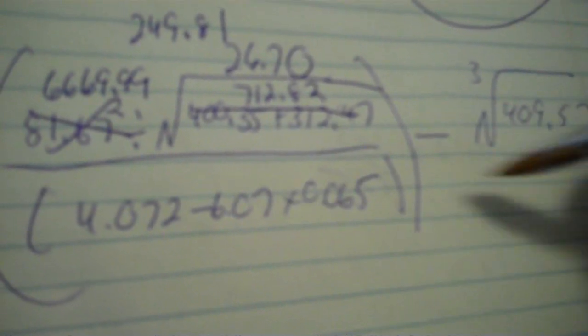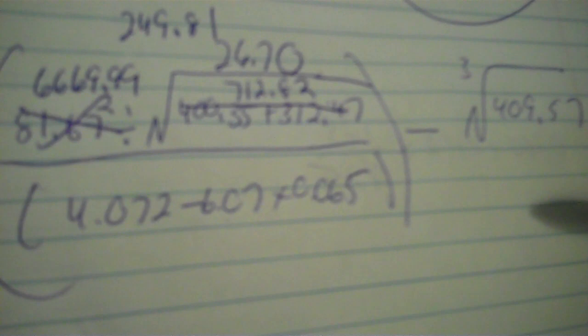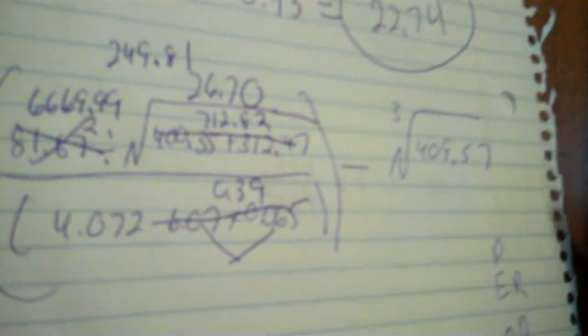You have in the parentheses, you don't have any exponents or roots. You have multiplication here. So 6.07 times 0.065, 0.39 there. And then 4.072 minus 0.39, 3.68.